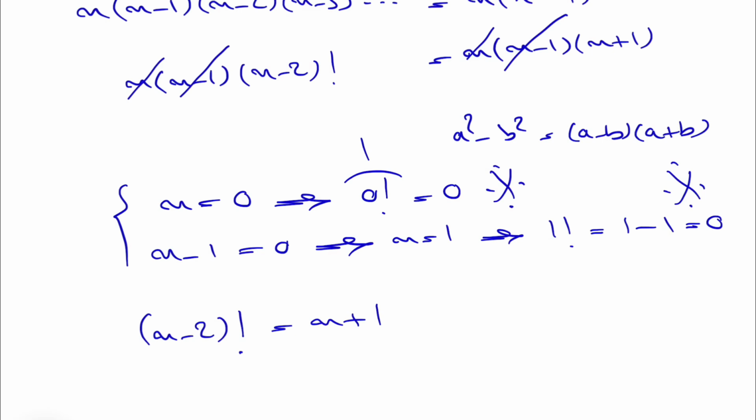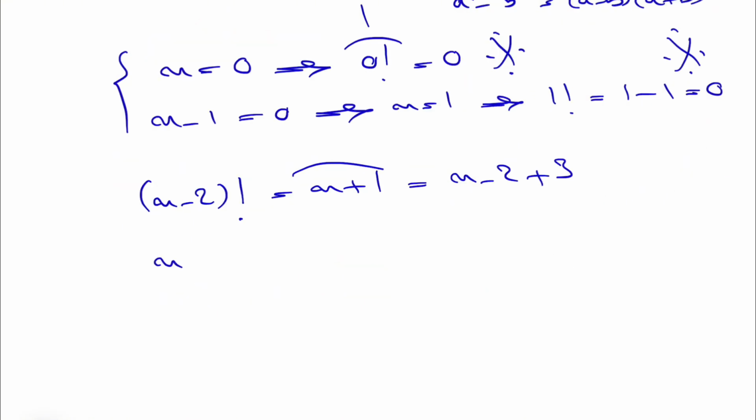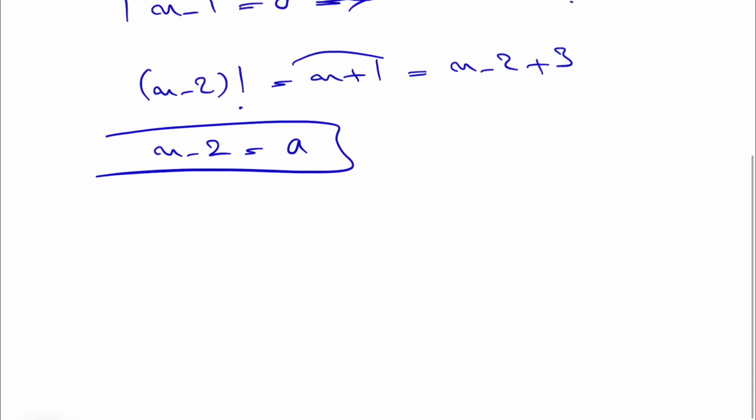And let's see if, on the right side of the equation, we can make something like the left side. Instead of plus 1 we can do x minus 2 plus 3. So let's call x minus 2 a. We need to remember that in the next step. So if we call this a, we have a factorial minus a equals 3, and we know 3 is 1 times 3.